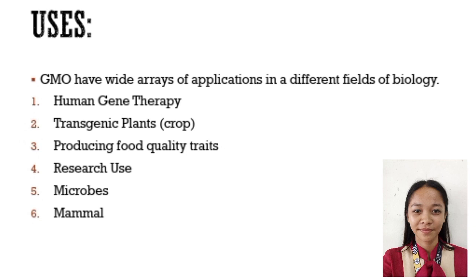producing food traits, research genes, microbes, and mammal. So transgenic plants. I already told you lately that transgenic plants are called BT corn, where BT stands for Bacillus thuringiensis, and so on. Next, producing food quality traits. As we all know, almost all food spoils in less than 2 or 3 days.